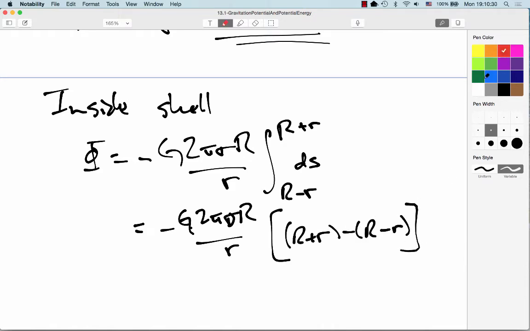In this case, it's the big R's that end up canceling. And I get 2 little r. But the 2 little r is going to wind up canceling against that r there, so we got 2 there after all that.